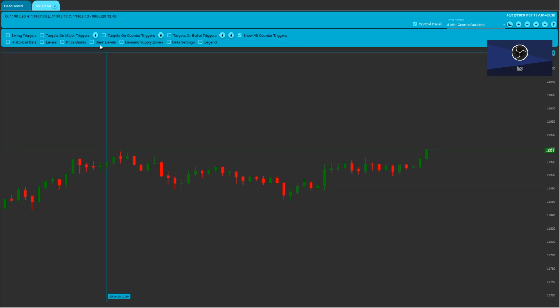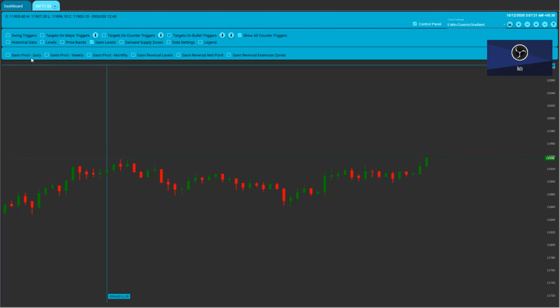Then GAN levels. These GAN levels are totally not available in the market anywhere. These are proprietary to our company and very accurate. These are the pivots, GAN pivots, GAN reversal level. At this point, price will reverse when it approaches the reversal point.